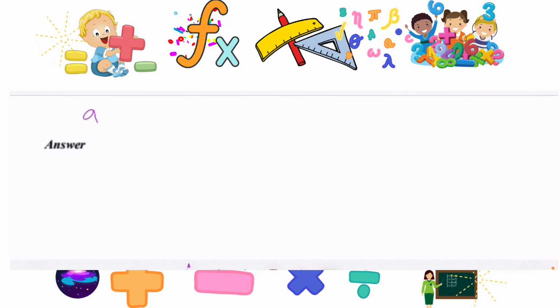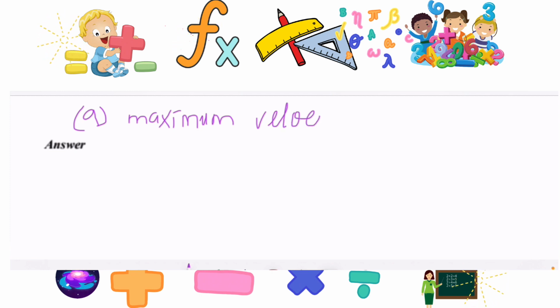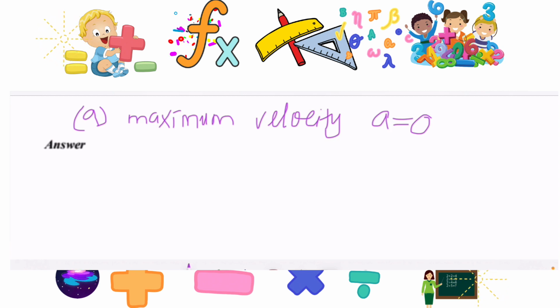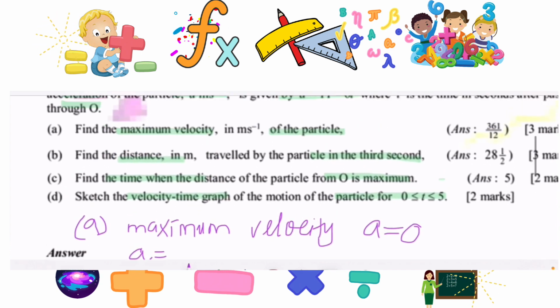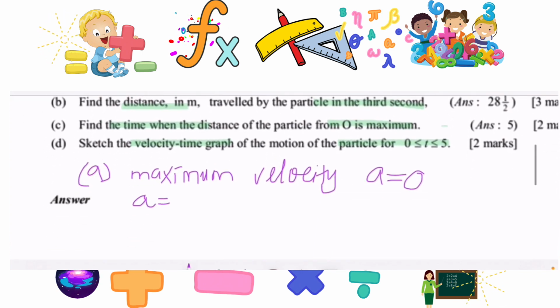Now let's get started with solving question A. For question A, we need to find the maximum velocity. In order to find the maximum velocity, we must let a equal to 0, because when acceleration equals 0, the velocity is maximum.